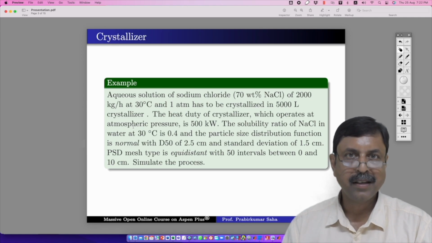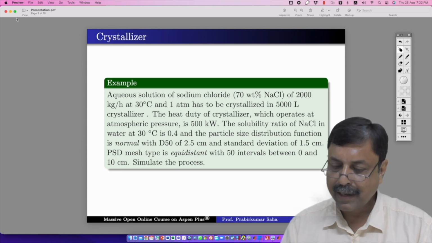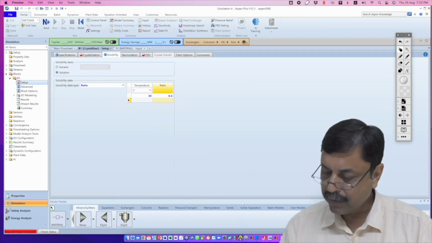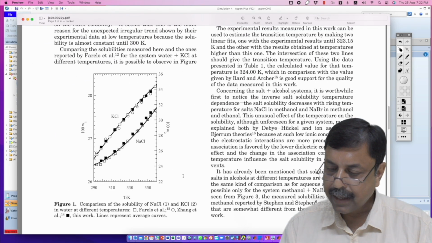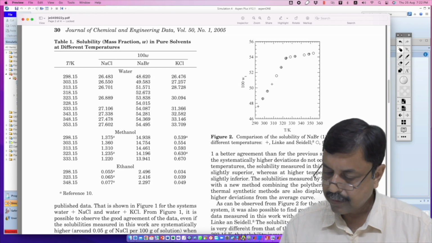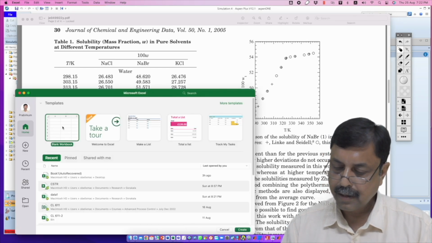The result will be erroneous. So let us give as much information as possible. For that, we go back to our data that we already have over here. Let us open an Excel file.